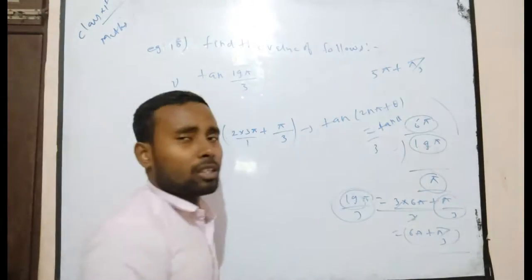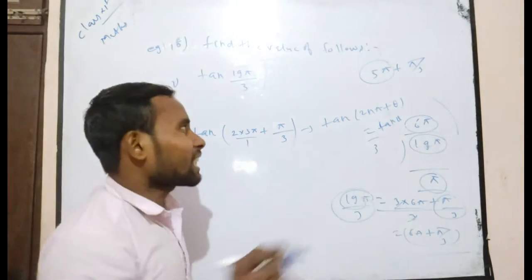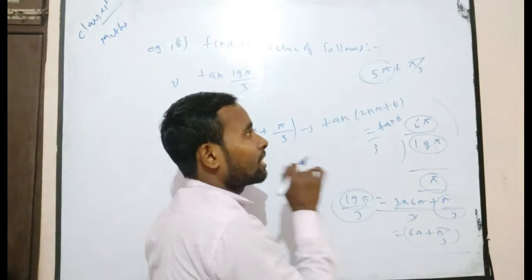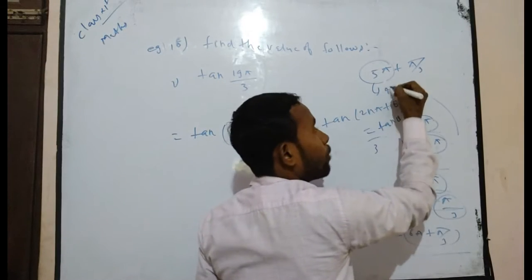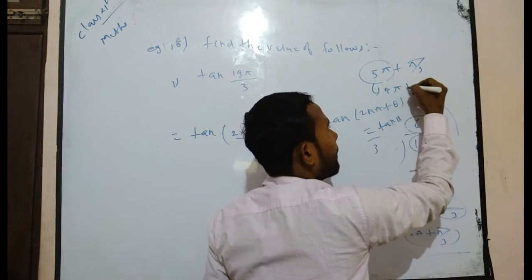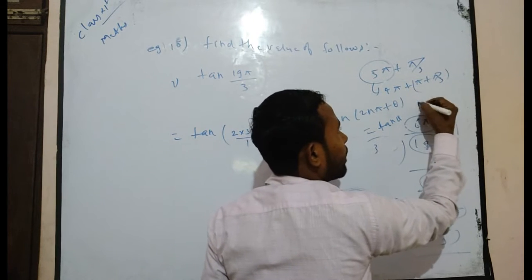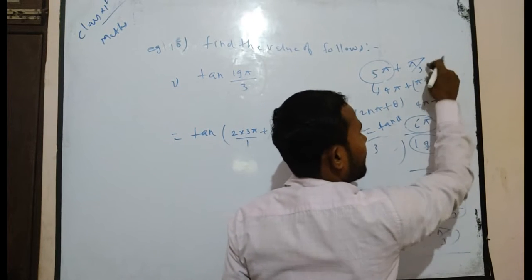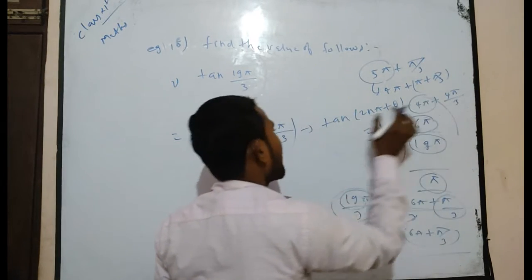But if here you get an odd number, then in that case you can't convert it like this. Then what can you do? You have to express this angle as 4 pi plus pi by 3 with pi taken in, that is 4 pi plus 4 pi by 3. First apply this formula.